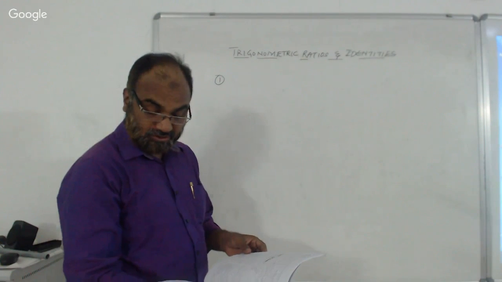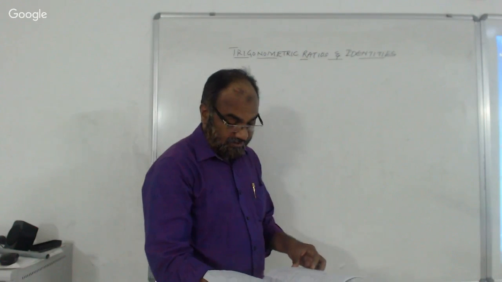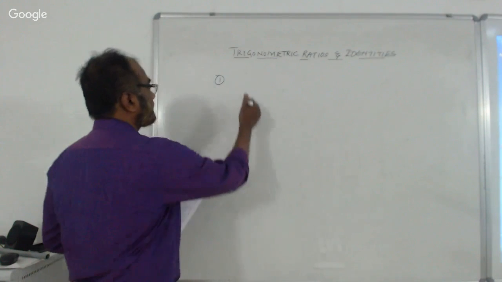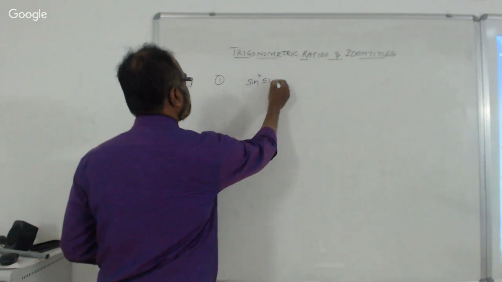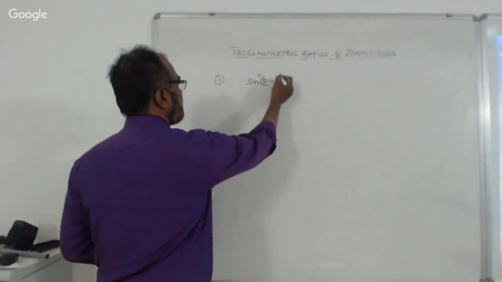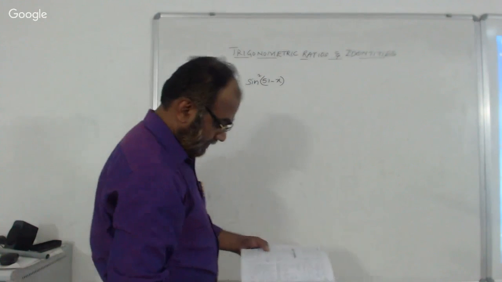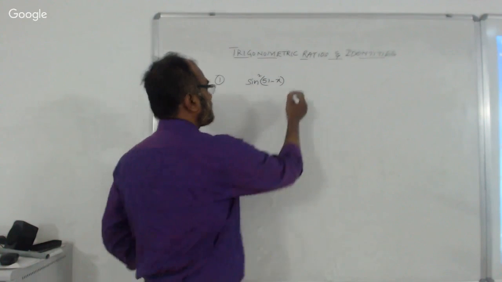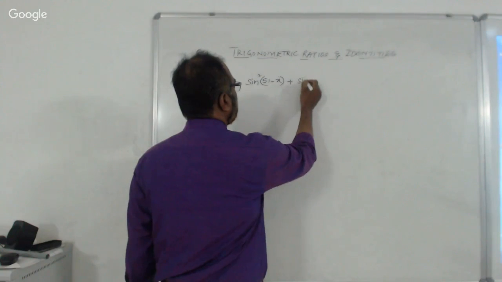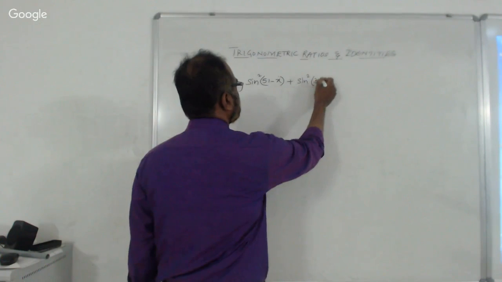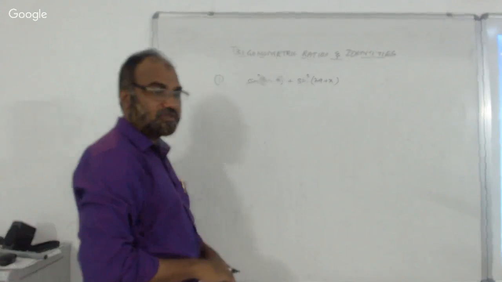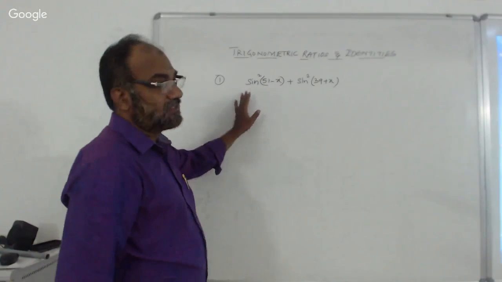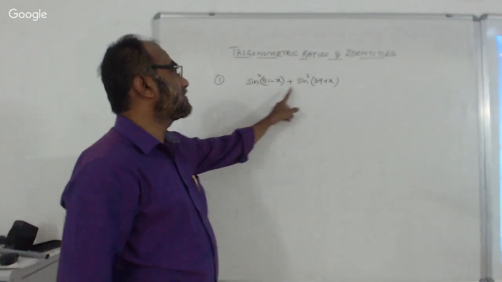And one more was sine square of (51 minus x) degrees plus sine square of (39 plus x) degrees. This was one of the homeworks again, for which we have used a concept. What is the concept we have used? A plus B equal to 90.